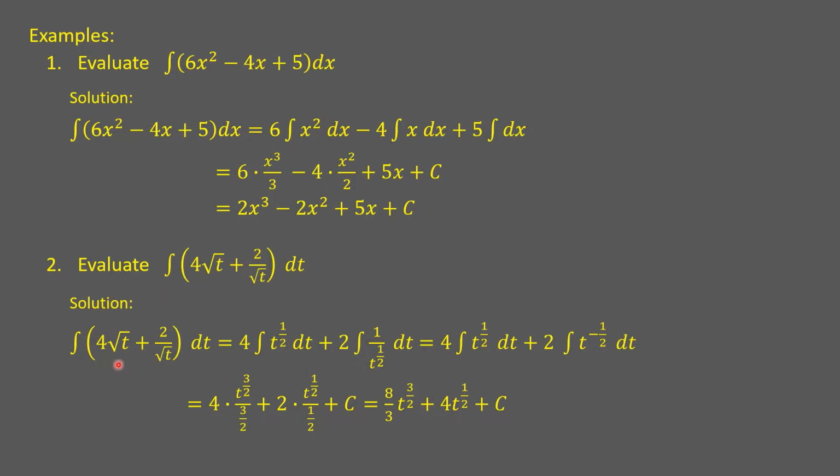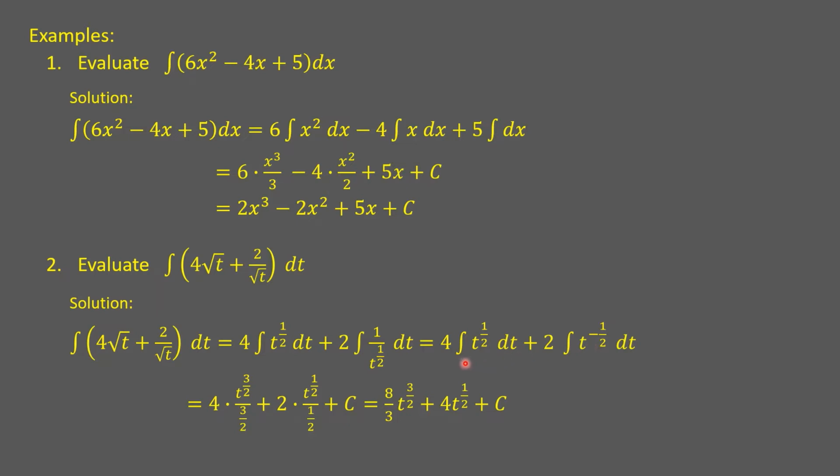Hence, the integral of 4 square root of t plus 2 divided by the square root of t dt can be written in this manner. We have 4 times the integral of t to the 1/2 dt plus 2 times the integral of t to the -1/2 dt. And in evaluating these integrals, we will be using the power rule.